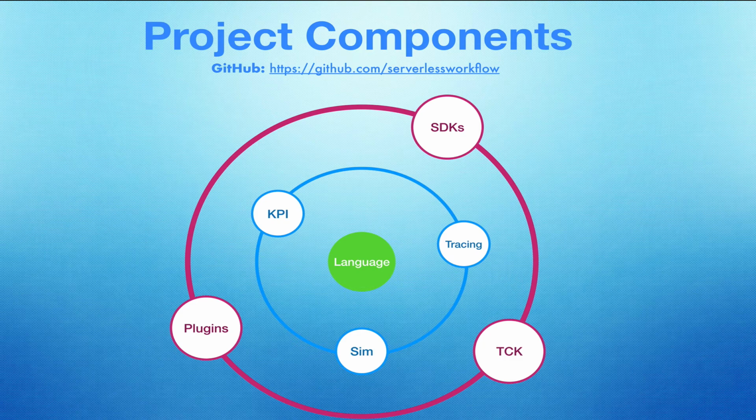Those do not influence the actual execution of the workflow, however, enhance it with additional information. Some examples of that are KPIs, or key performance indicators, information for tracing, and also simulation. During runtime execution of the workflows, different services can utilize this extra information to give us more information about the execution of our workflow, which can be used for things like improving the workflow performances, costs, etc.